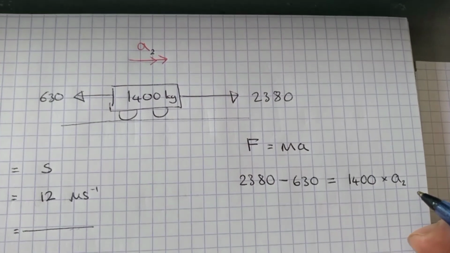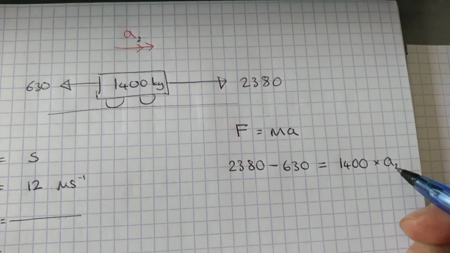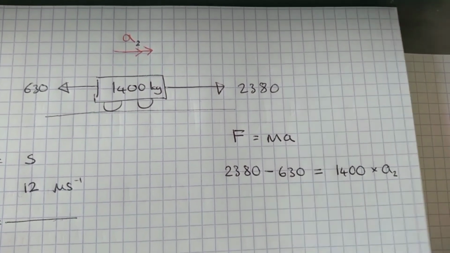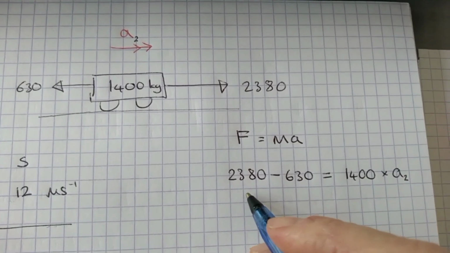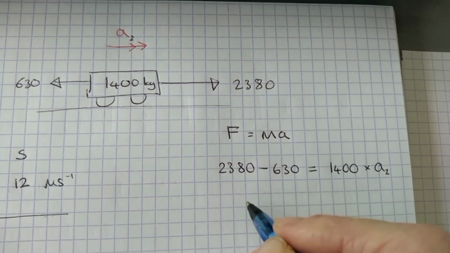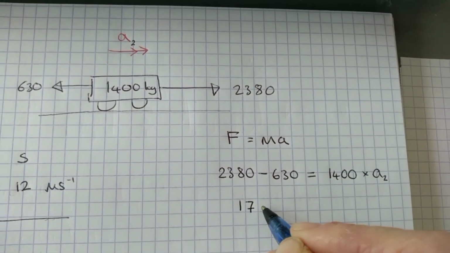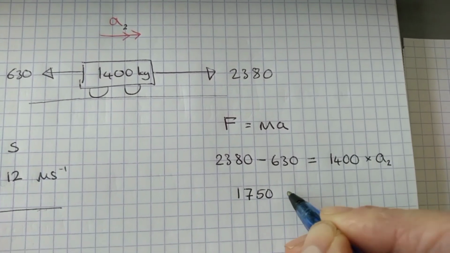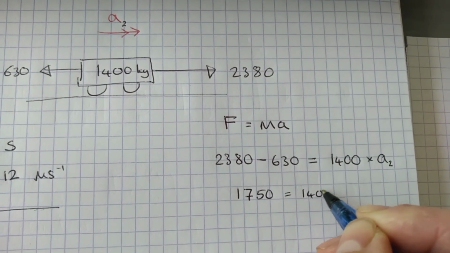So what this gives us is 1,750. And so our acceleration we can work out. Again, I'm not going to do this one in my head.